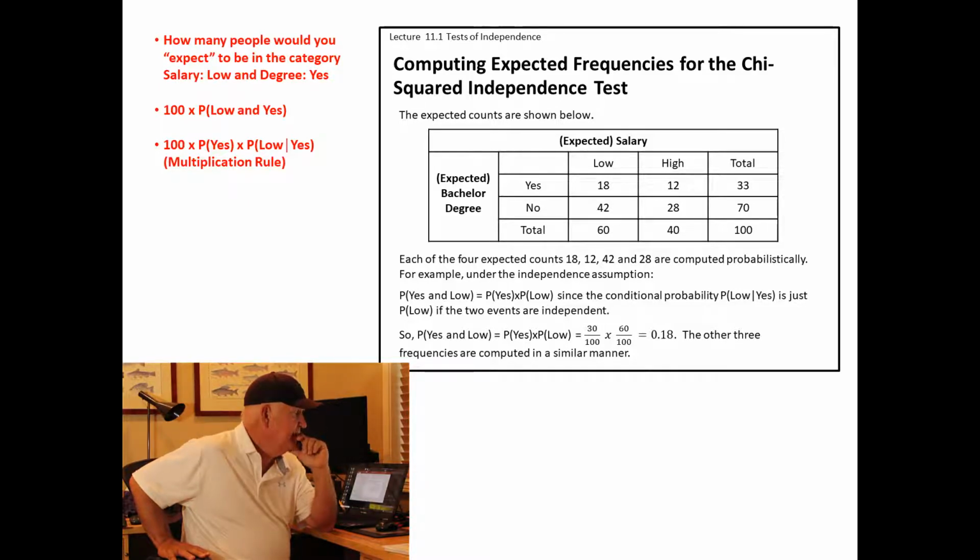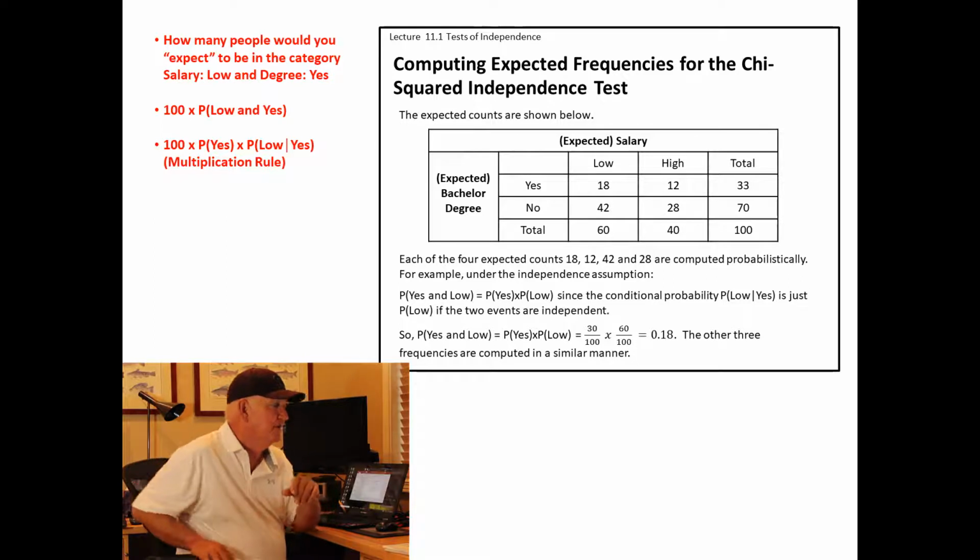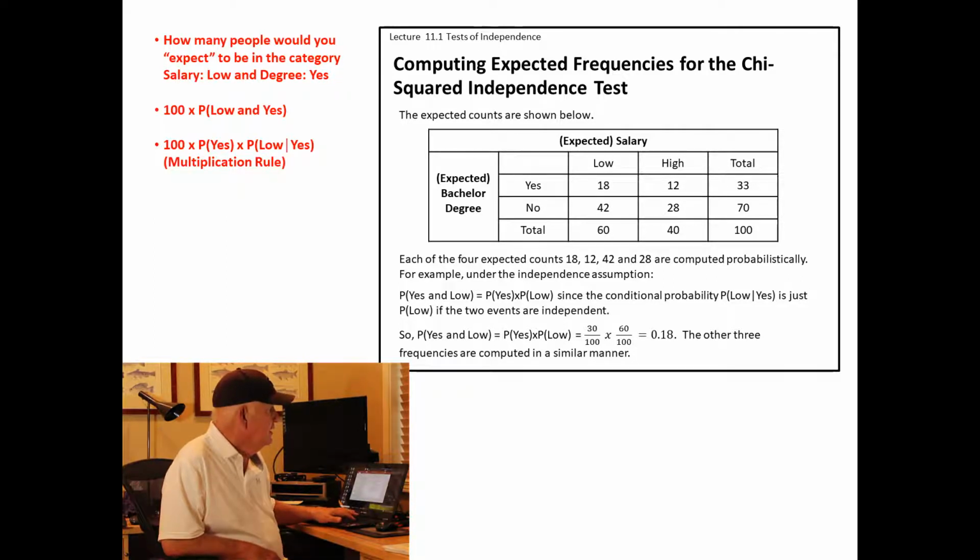How do I calculate that? The multiplication rule says P low and yes is equal to P of yes times P of low given yes. Now, you really just have to go back to the definition of conditional probability. But here's the rub.